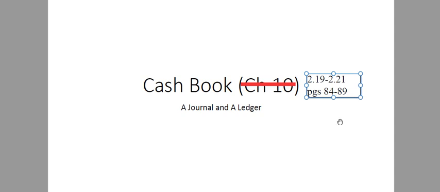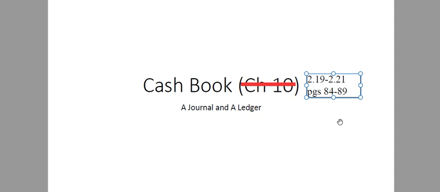If you notice, it says it's a journal and a ledger. By now, I hope you appreciate that there are steps of activities that you do with all transactions. Let me just remind you very briefly that every transaction is supported by a business document, which is the source document. So you have to look at the transaction and decide what source document is there to evidence or support that transaction.